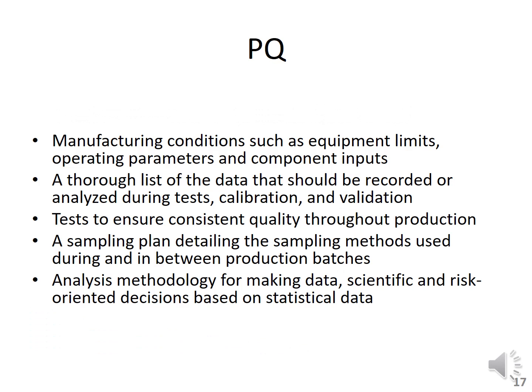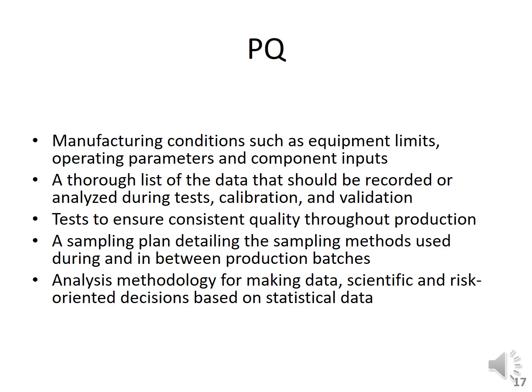Now, performance qualification, a bit more detail. Manufacturing conditions such as equipment limits, operating parameters, and component inputs are the relevant factors when you are working on the performance qualification. A thorough list of the data that should be recorded or analyzed during tests, calibrations, and validation.